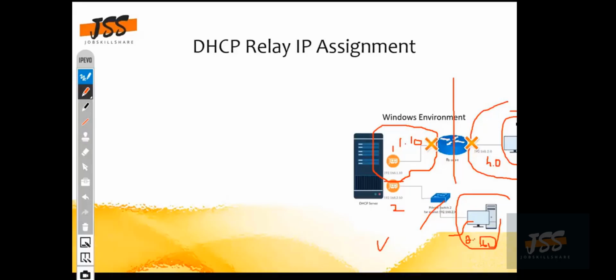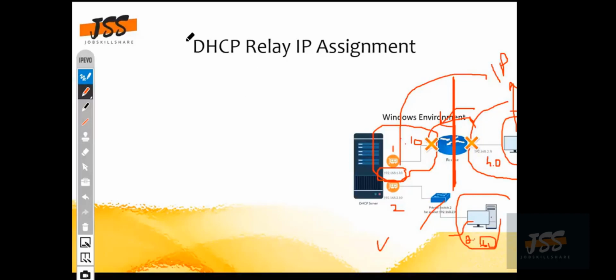So the idea is this computer is looking for the IP from the range of this subnet. But it cannot allocate the IP since now we know this is our border. It will never allow this broadcast to go either here or this way. So this is the clear disconnect.